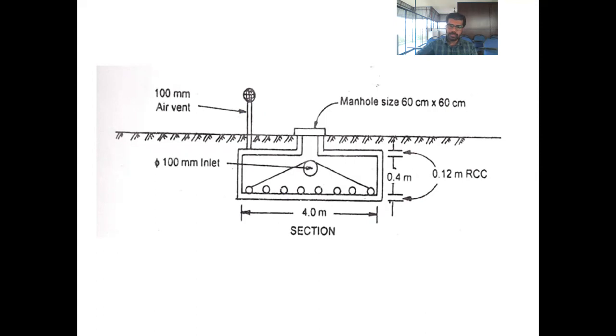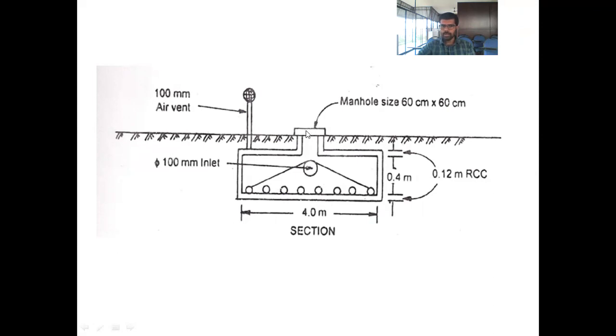This is just the inlet of the dispersion trench. Initially the wastewater will come through this 100 mm inlet pipe, and these are small trenches. This is the sectional view, the side view. This is the ground level.